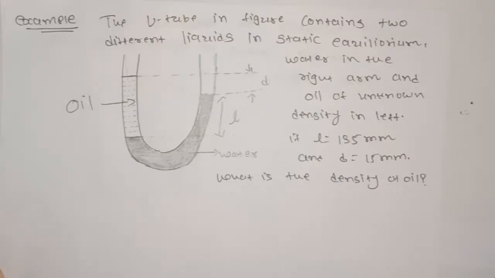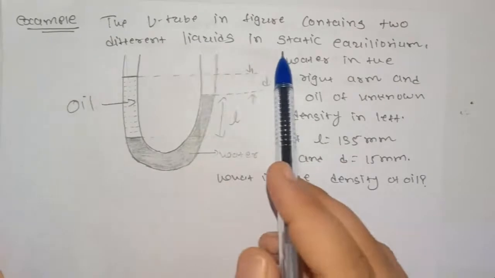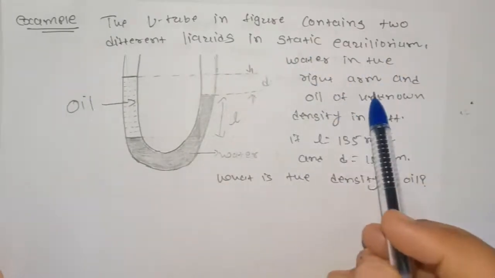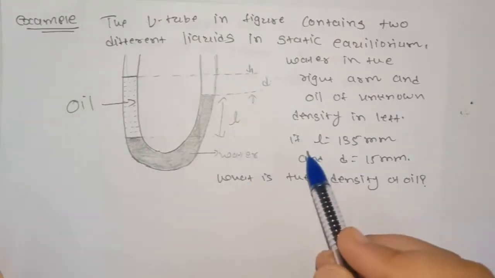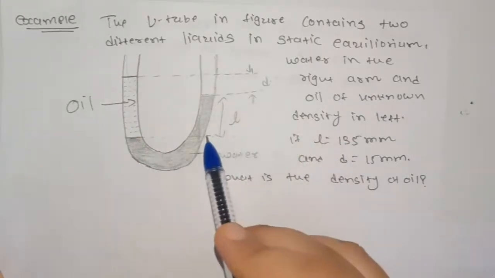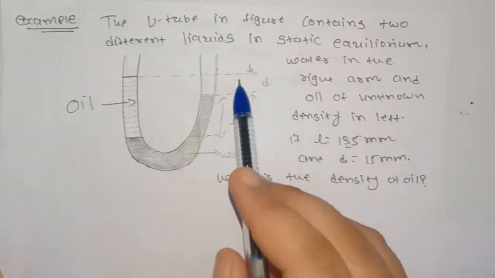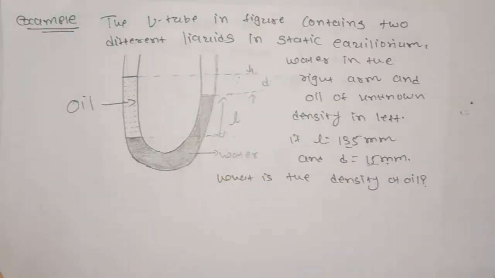In this example, the U-tube in the figure contains two different liquids in static equilibrium: water in the right arm and oil of unknown density in the left arm. Given this length is 135 mm and this height difference is 15 mm. We want to find the density of oil.